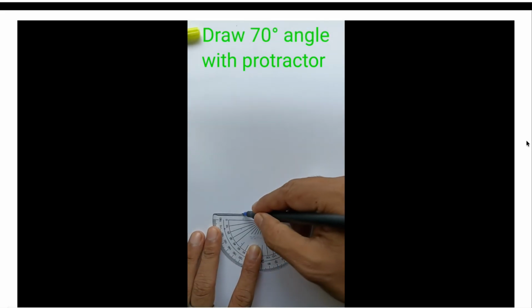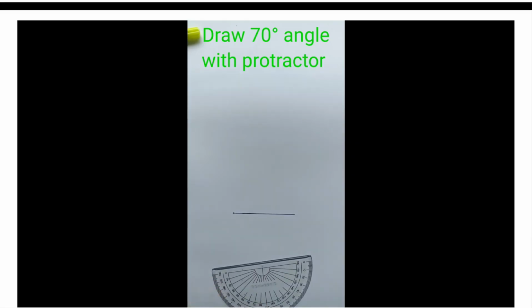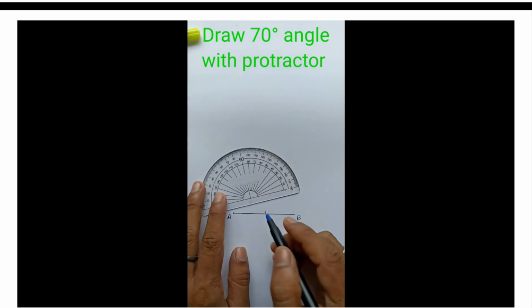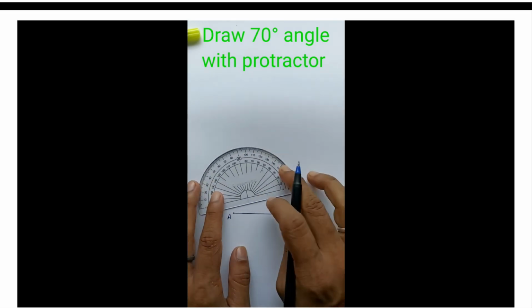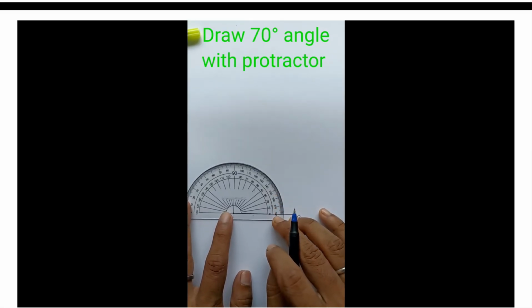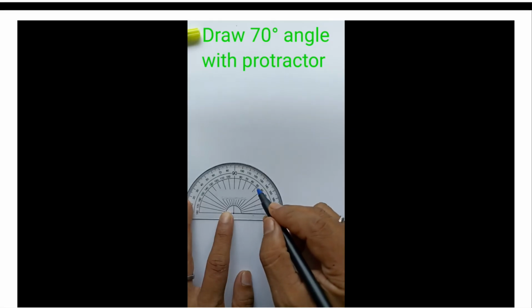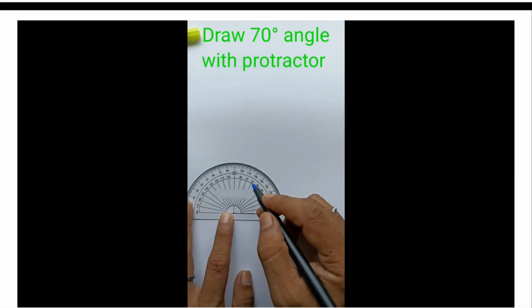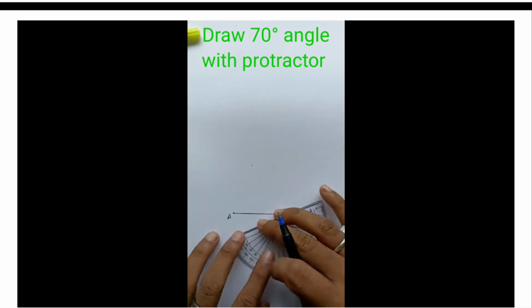So we start off with a line. Use a straight edge for that. You can name your endpoints A and B. You're going to line up the center of your protractor with the vertex of your ray. You're going to use the scale to find 70 degrees. Draw a point on the outside of your protractor.